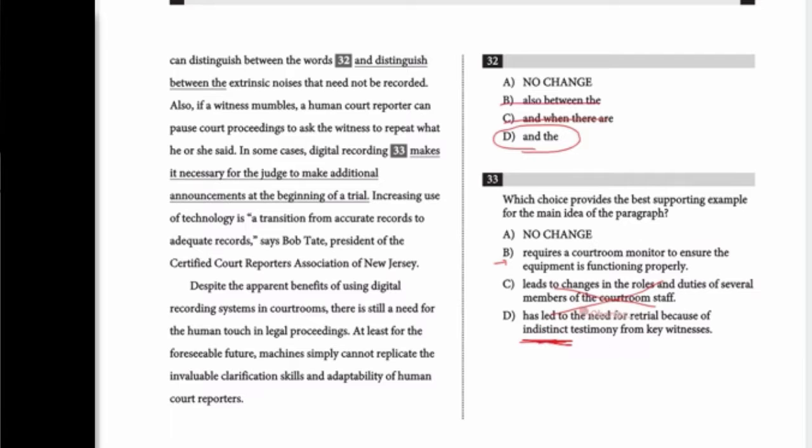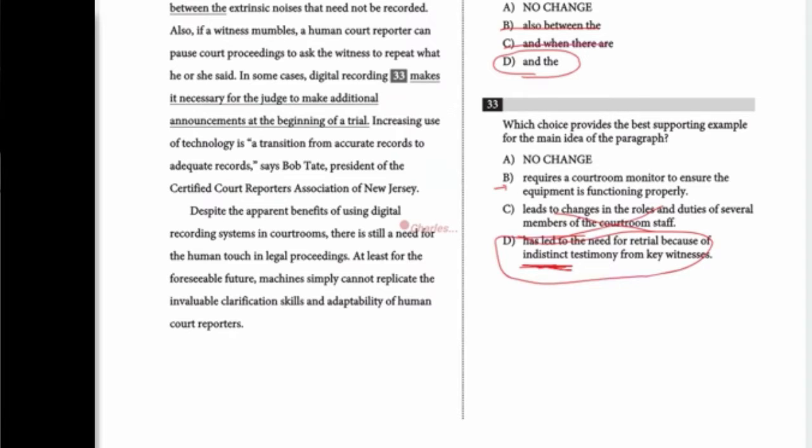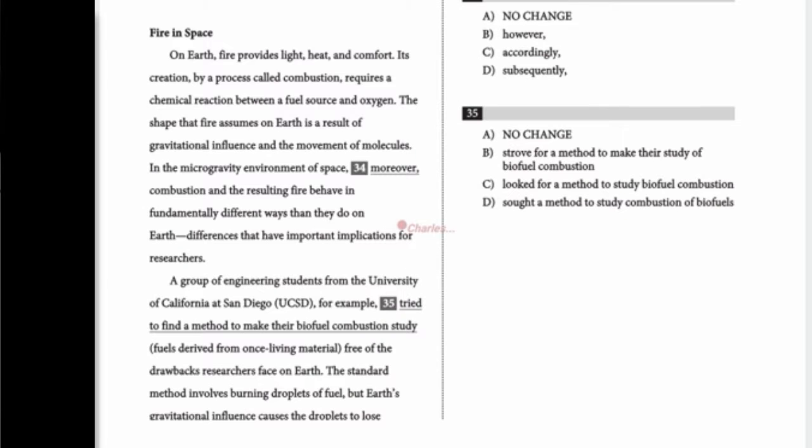So a recorder would not pick up on indistinct testimony, whereas a person would say, stop right there. So that's correct. D would be the best example supporting the weaknesses of recorders. So 33 is D. Okay, moving on to 34 in the next passage.